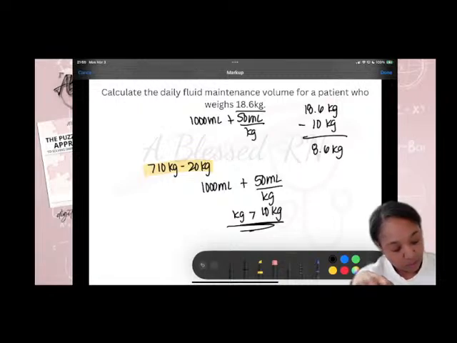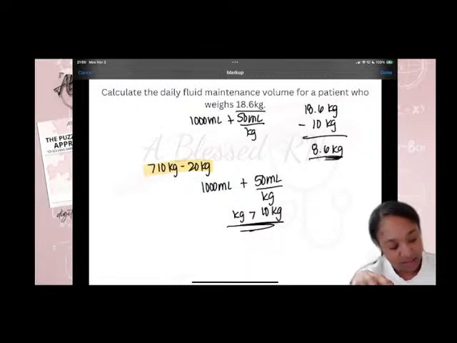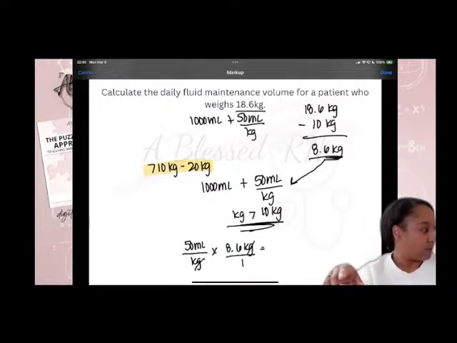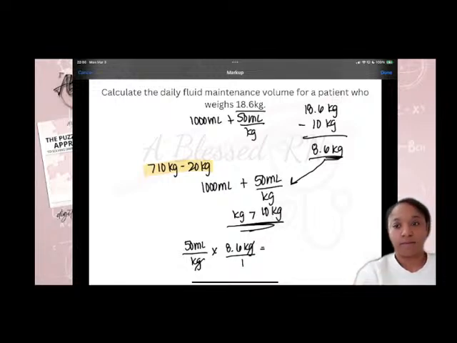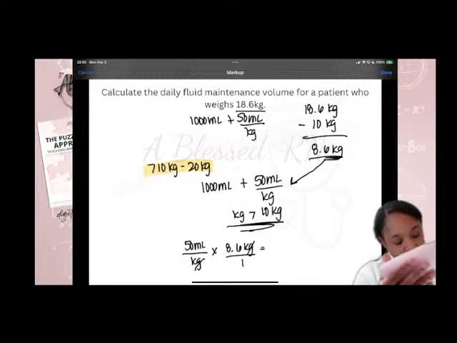So we will take our 8.6 and apply it to this part. It'll be 50 milliliters per kg times our 8.6 kilograms, and the kilograms cancel out. 50 times 8.6 is 430 milliliters.